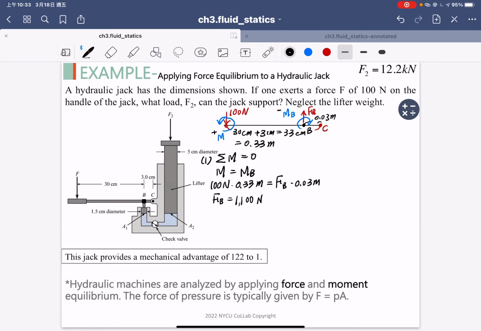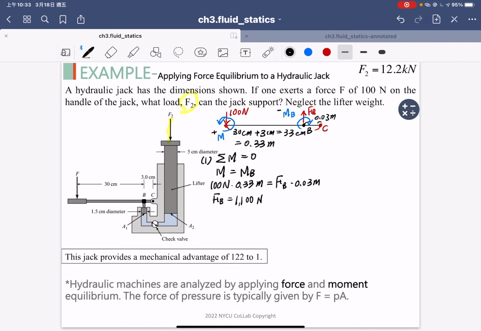Okay, so we go back to see the question. The question does not require us to answer the FB force. We need to know the F2 force. Where is the F2 force? The F2 force is acting in here. So how can we get the F2 force?